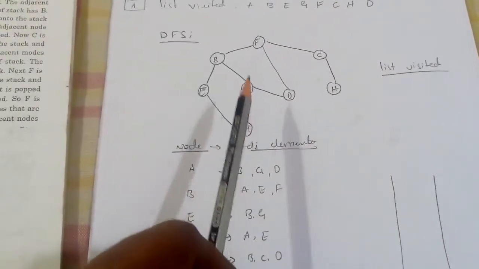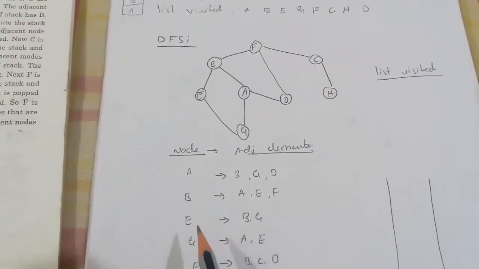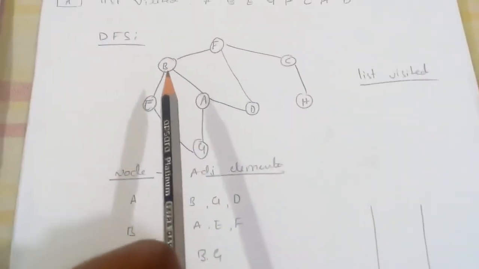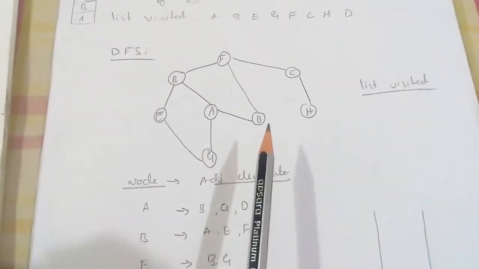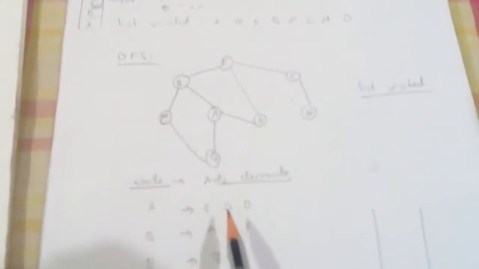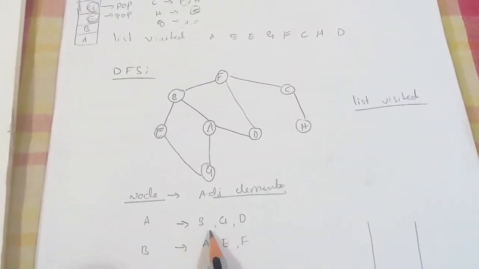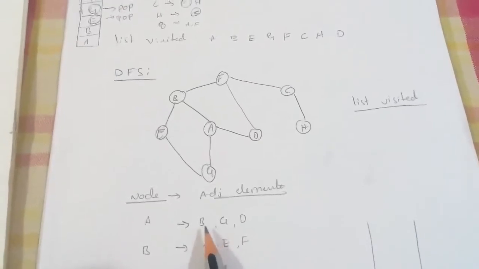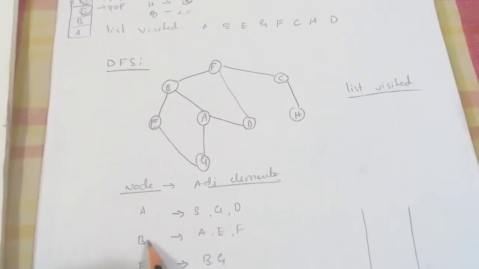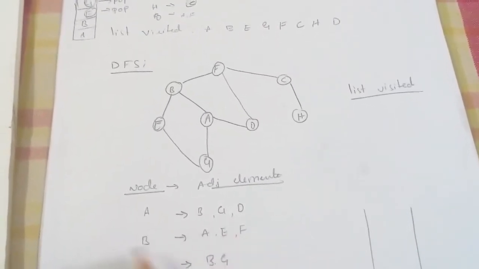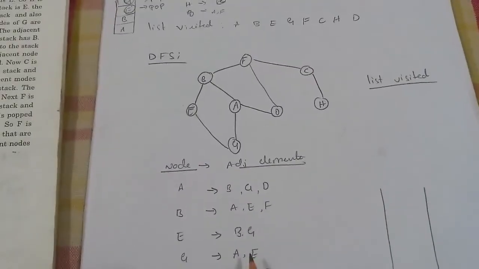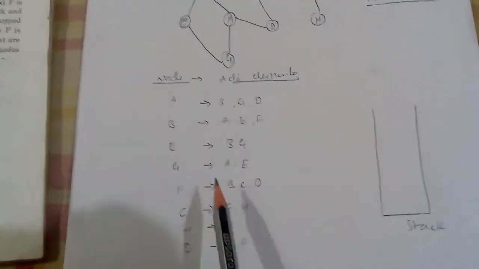Starting from node A, the adjacency elements are B, G, D. Next B, the one that is alphabetically closer to A is B. So the next node is B with its adjacency elements, next E, next G and so on.